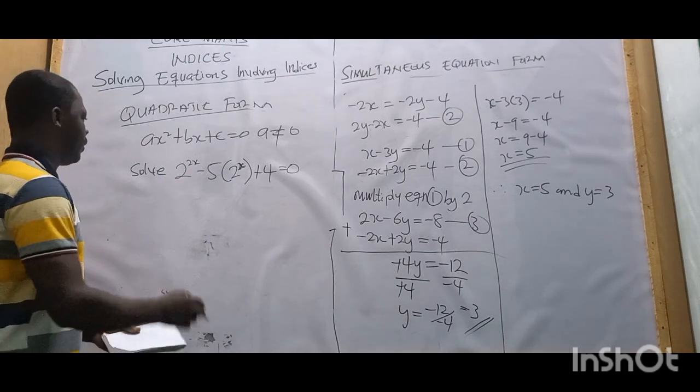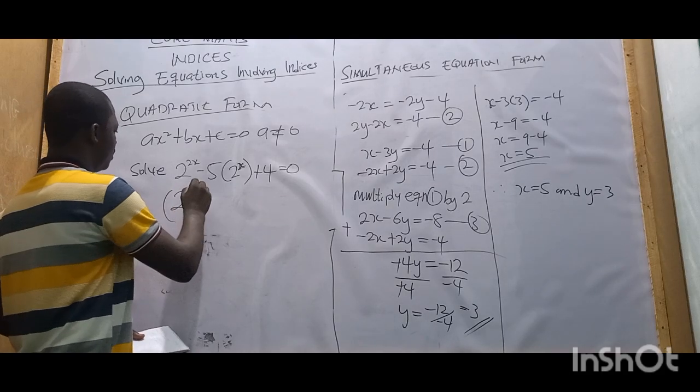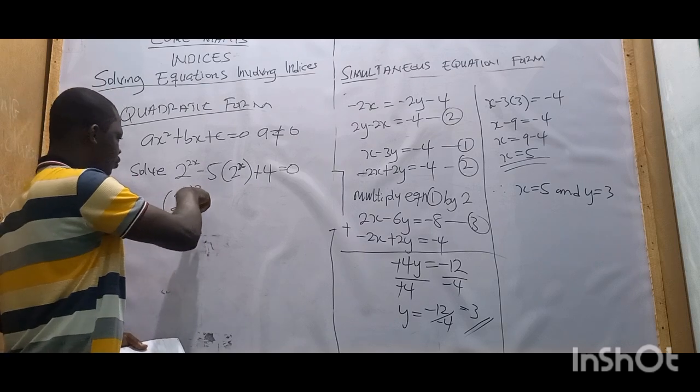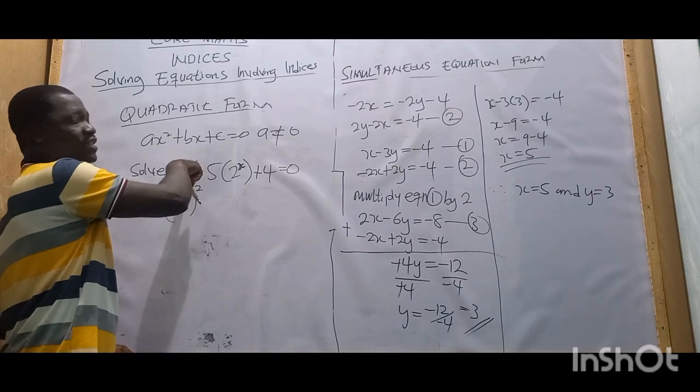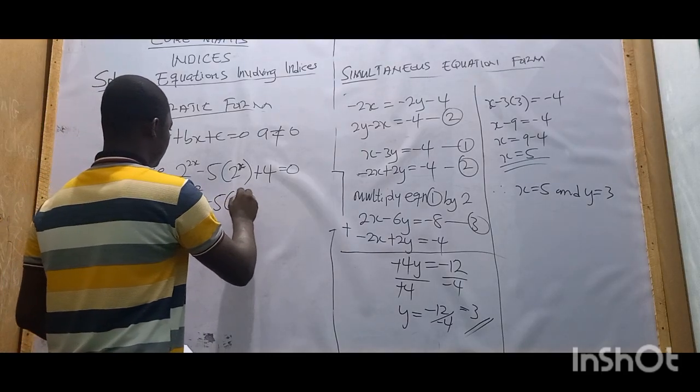So 2 exponent 2x, we can write it as 2x all squared, because this one multiplied by this will give you 2x, which is the same as this. So minus 5 into bracket.